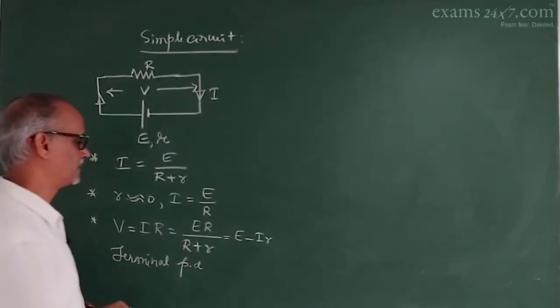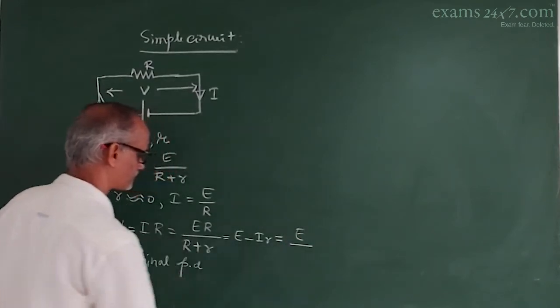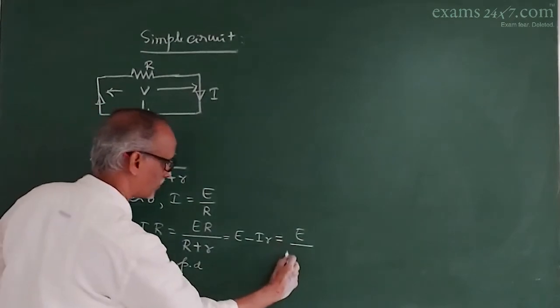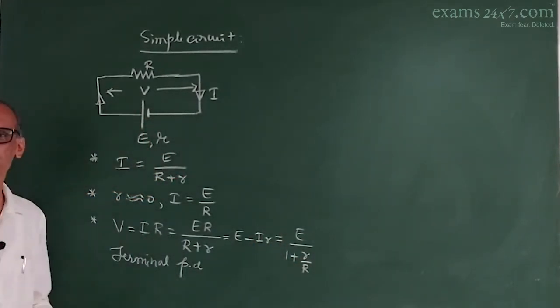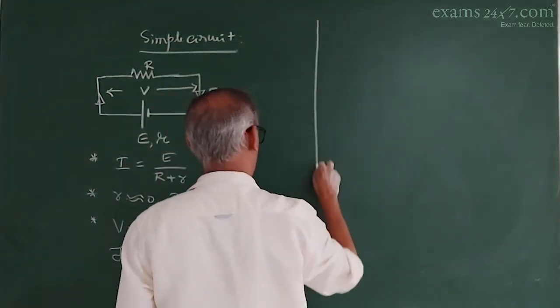And this equation we can even write like this: it is E by 1 plus, if you divide by R, you will get E by 1 plus r by R. Now, based on that, we can write a few terms.